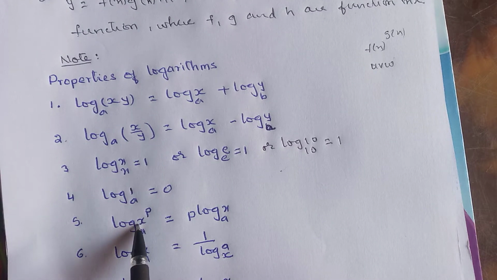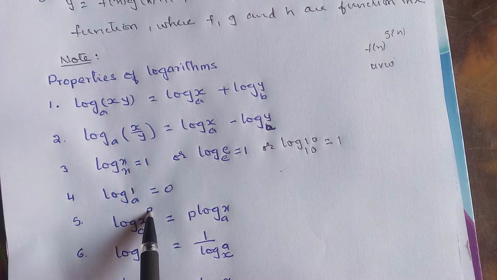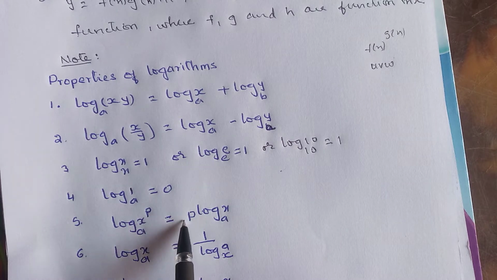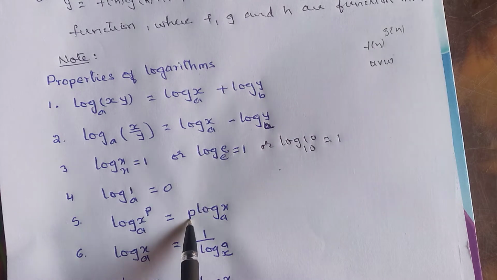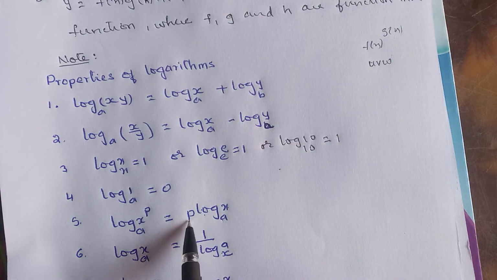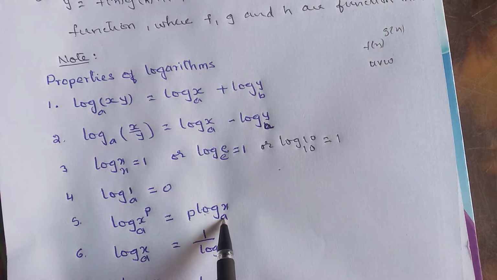Similarly, in power form, log x to the power p to the base a, the power p comes to the front of the logarithm, that is p log x to the base a. Otherwise you can say it is the coefficient p times log x to the base a.